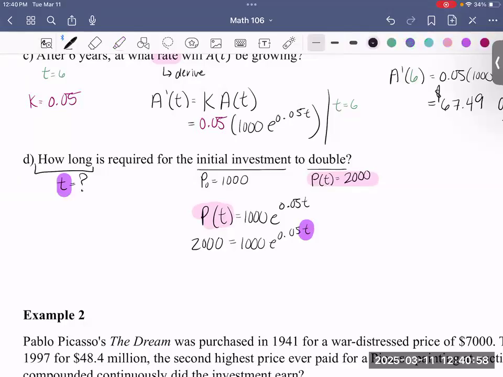We don't know what t is. So see if you can pause it here if you haven't done so already.